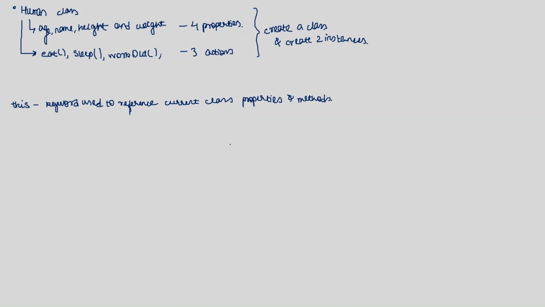As we discussed, we have this constructor public Human, and let's say it just has one parameter right now, int age, and here we have an instance variable with the name of age. What we are doing is writing this.age = age, and then the constructor's scope ends here. At this point, the local variable named age has a higher precedence than the instance variable, which is also named age.